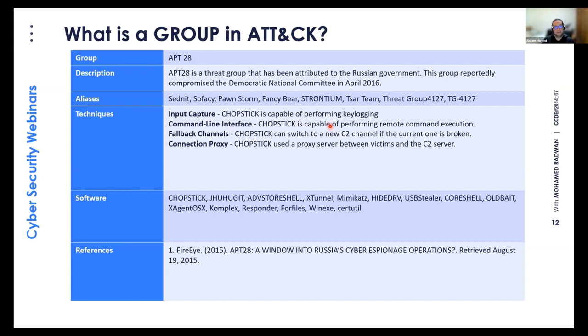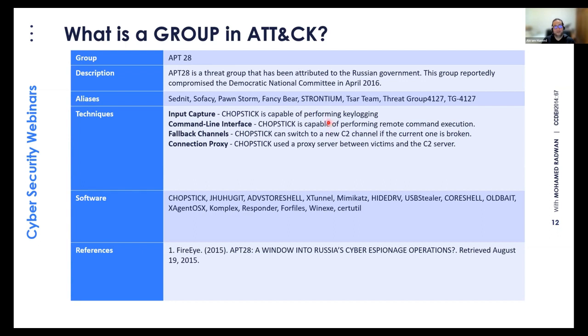In this case, APT 28, or Advanced Persistent Threat 28, is a known group. Threat intel people know that these are related to the Russian government, part of their cyber army, and they usually target NATO countries specifically. And we know these are the techniques they use.